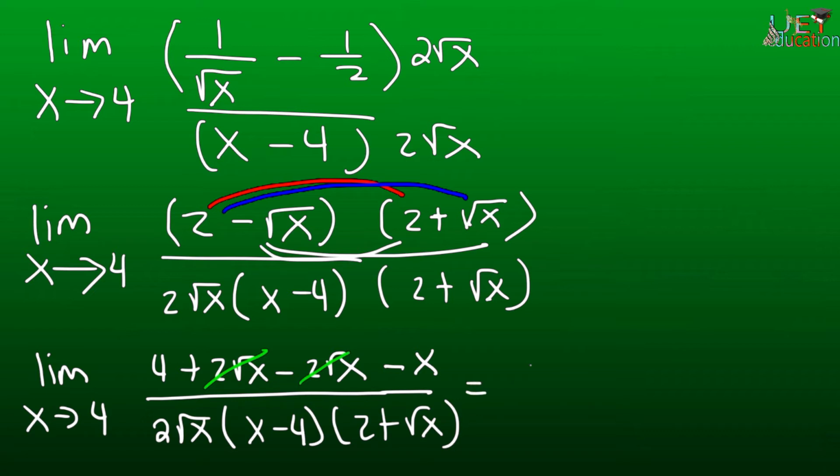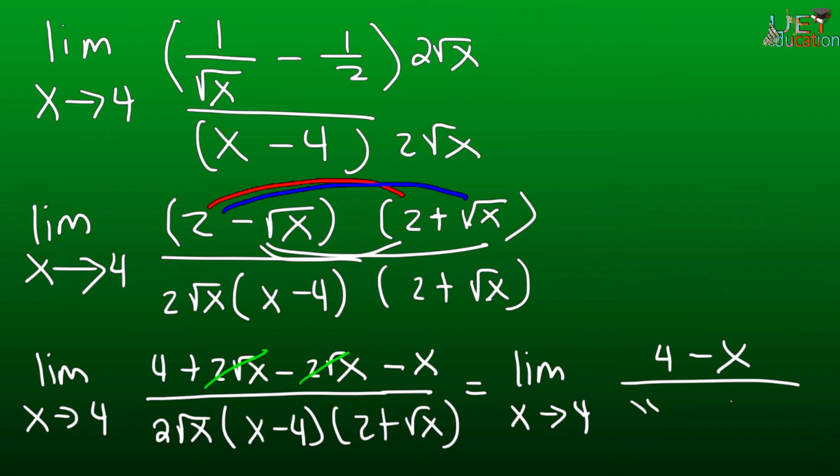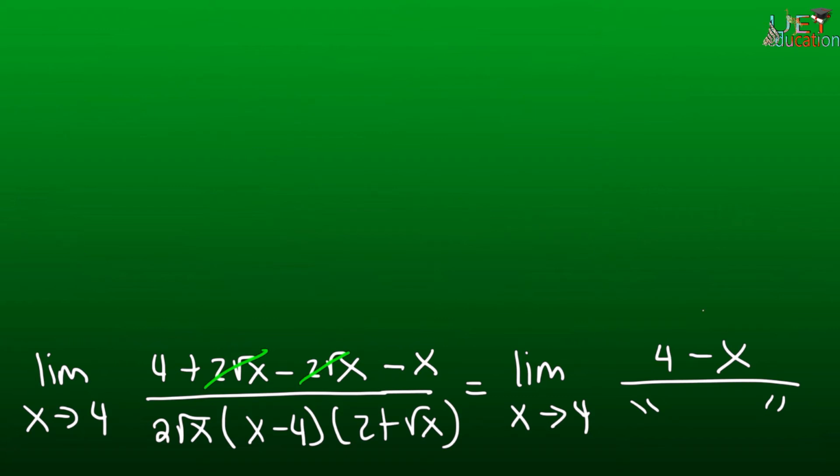So what we have left over is the limit as x approaches 4 of 4 minus x divided by all the stuff that we have on the bottom. Now what we're going to do at this point is factor out a negative 1. So this is now the limit as x approaches 4 of negative 1, and this is going to change to positive x, and plus 4 is going to change to negative 4, just like we did before.